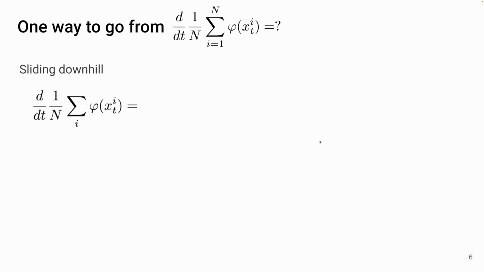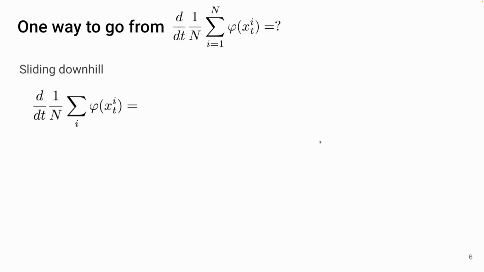One way to go from this expression, the time derivative of the average value of function phi, is like a slide downhill. Indeed, if I see a derivative, I can just take this derivative.